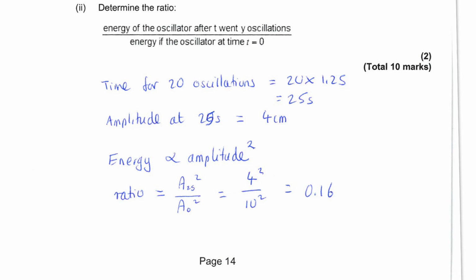So the ratio of the two energy values will be equal to the ratio of the two amplitudes squared. So here I have the amplitude after 25 seconds, 4, which I have squared, and I'm dividing that by the amplitude at time equals 0, which was 10 centimetres as shown on the graph, once again squared. This leads me to a final answer of 0.16.